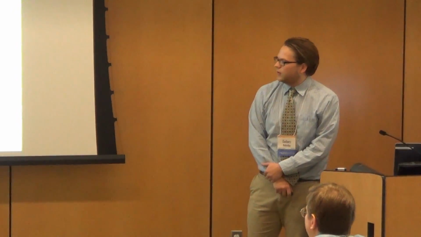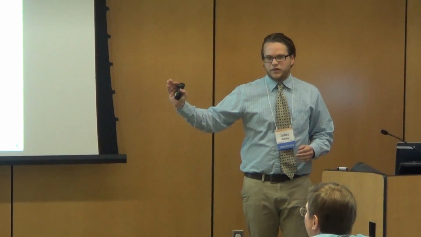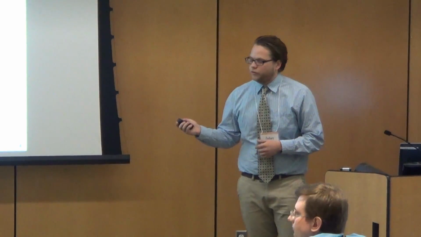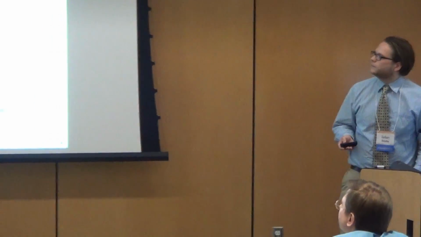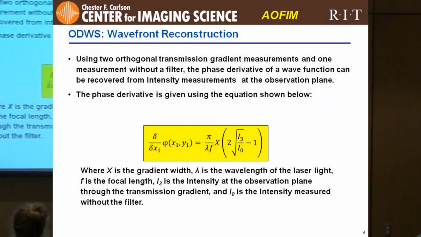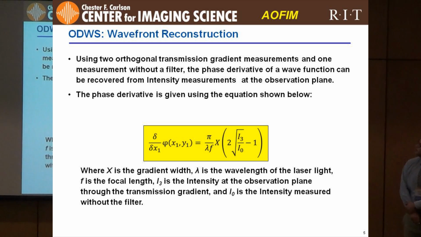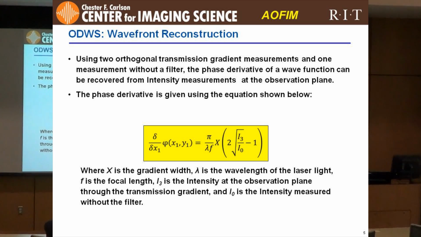plane. So we have a CMOS camera, and we use intensity measurements taken with a DX gradient filter, a DY gradient filter, and a reference filter, which is just all transmission, and use those intensity measurements to reconstruct the wavefront. So using those two orthogonal gradient filters, we can get the phase derivative of a wave function using the intensity measurements.